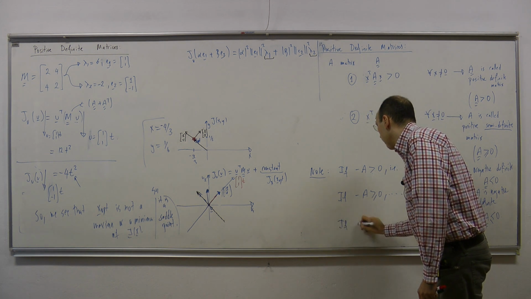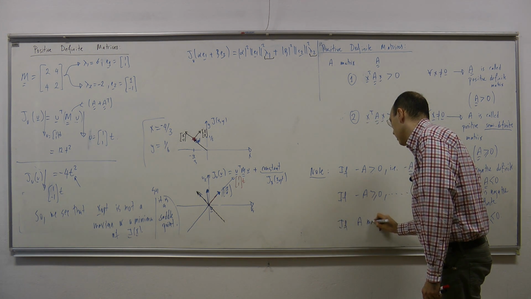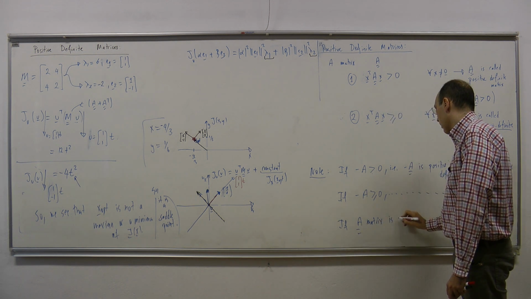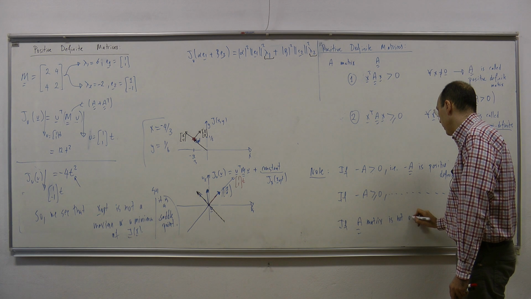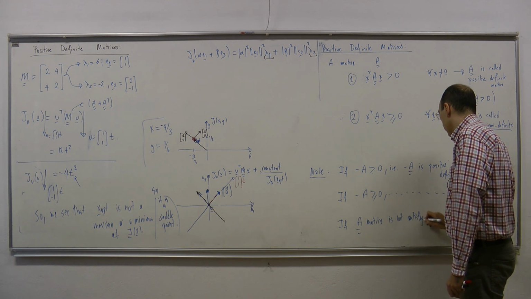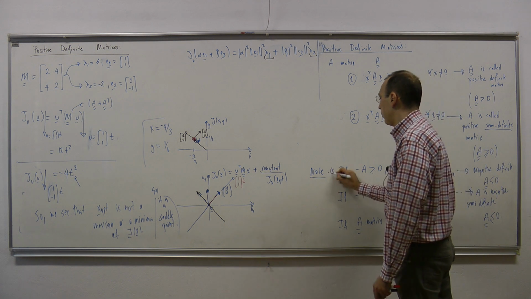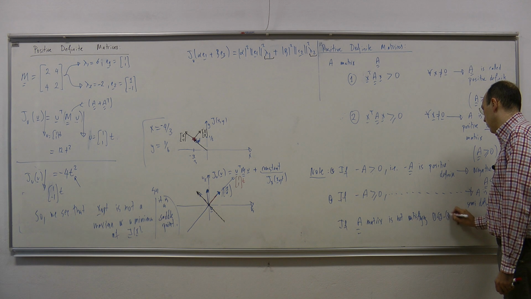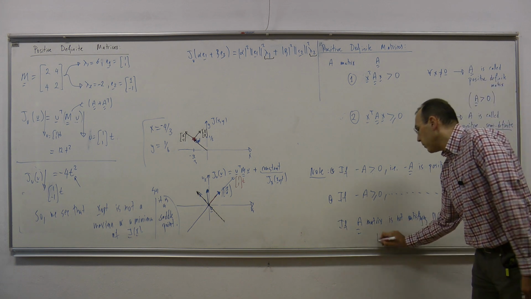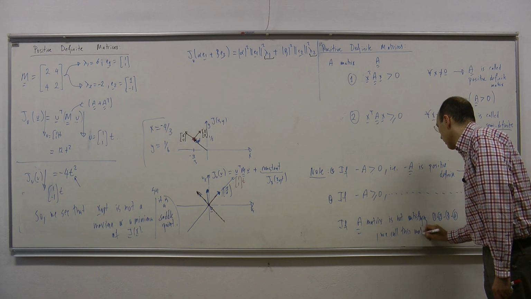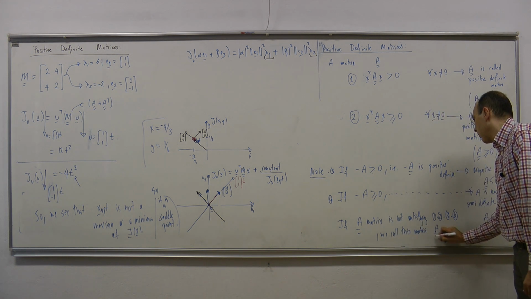If a matrix over here, sorry for this, is not satisfying any of these, let me say 1, 2, 3, and 4, we call this matrix an indefinite matrix.